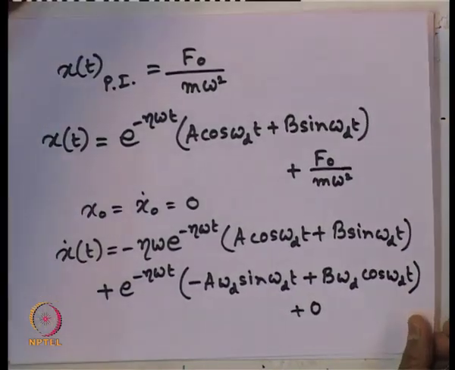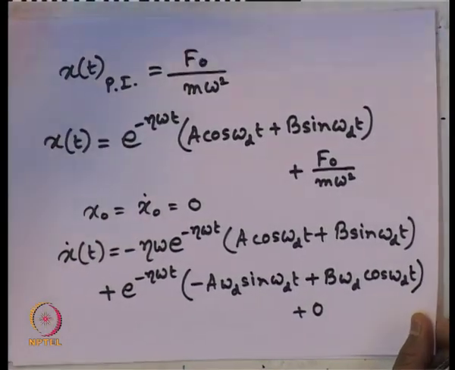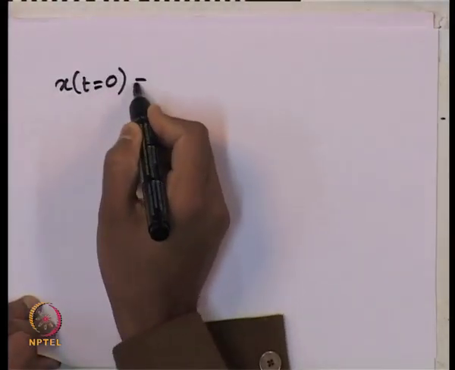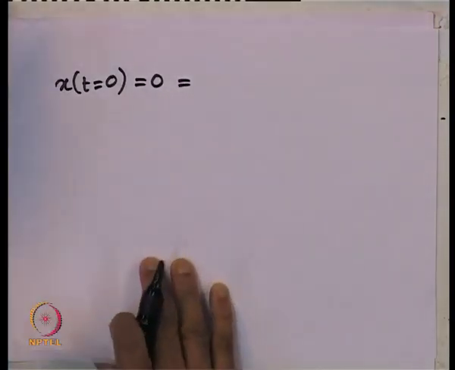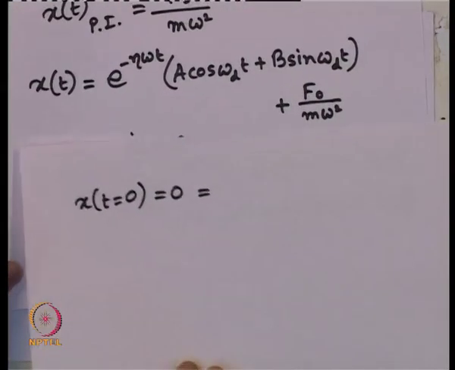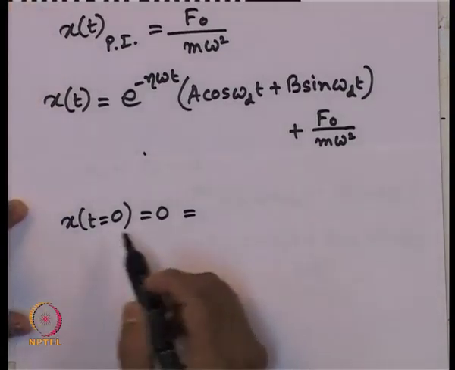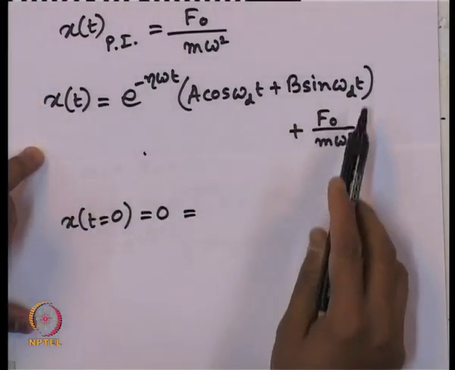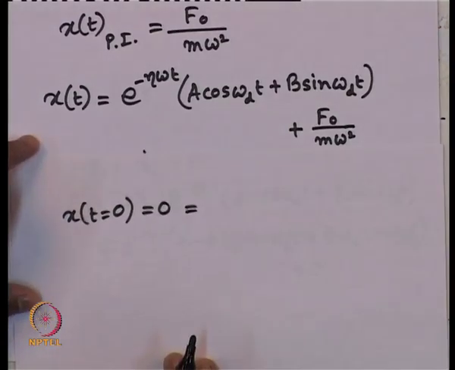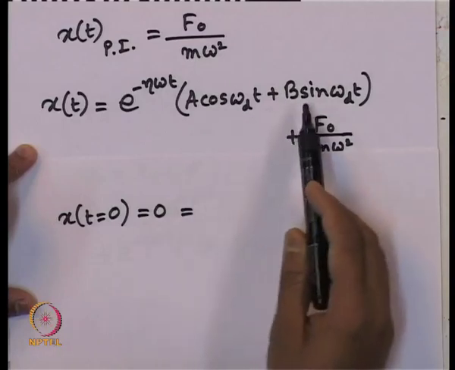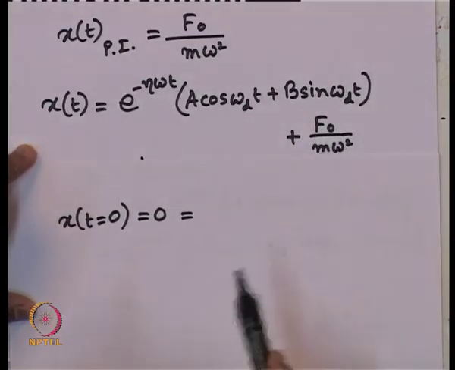With this, now let us put the boundary condition of x at t equals 0 is 0. Let me put the equation here, so that it will be easy for us to follow. So, I am putting t equals 0 in this expression. What am I getting here? This gives us 1, a, this vanishes, this remains.